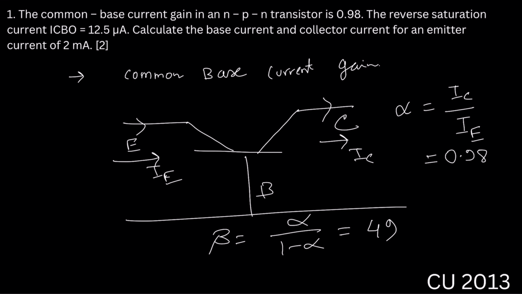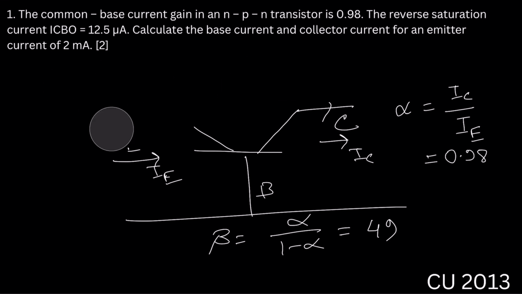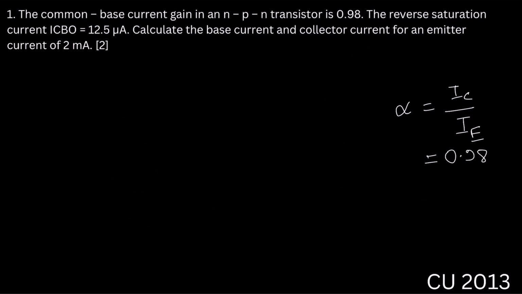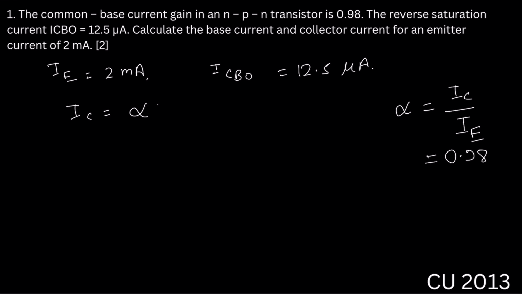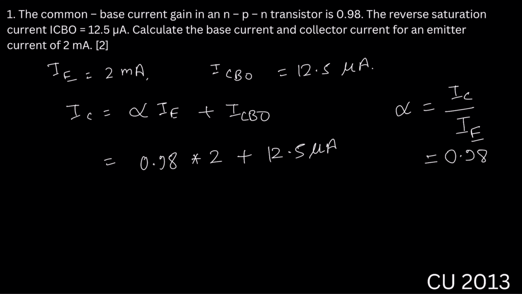Now, here they provided IE equal to 2 milliampere, and ICBO is 12.5 microampere. So we know that IC equal to alpha into IE plus ICBO. Alpha is 0.98, IE is 2 plus ICBO is 12.5 microampere.